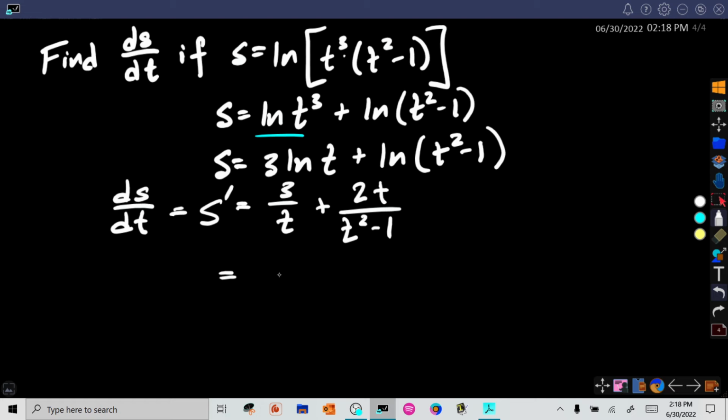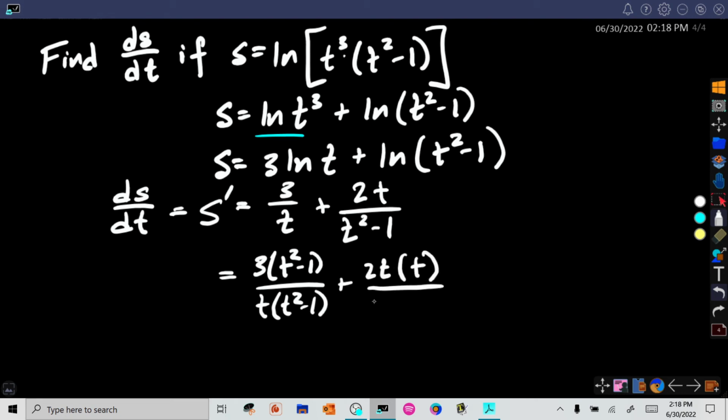Now, I don't know if they would ask this on a homework question, but they might want you to find common denominators. So it would be what? Let's take a look. I would have to multiply this times t squared minus 1 all over t times t squared minus 1, plus 2t times t, all over t squared minus 1 times t.